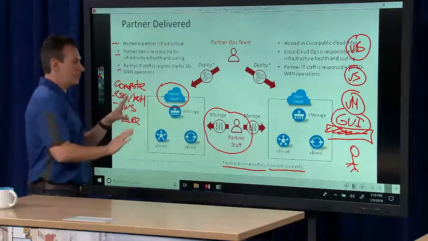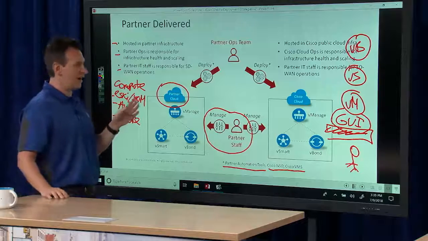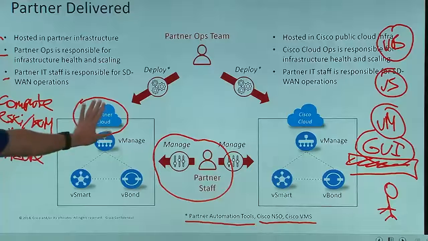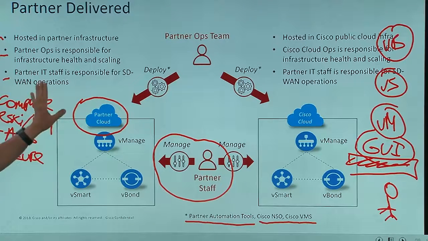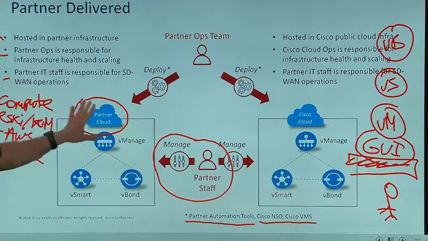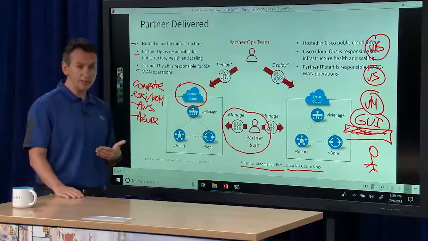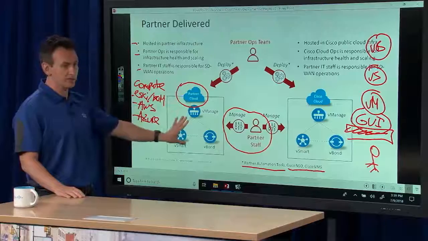Now, which one would we promote more? It's a good question. I think if I were to wear a partner hat, I would probably want this one. Right? The reason being is that I have the full responsibility and ownership for the infrastructure elements that a customer consumes. So as a value that I provide to the customer, I am better off with this option.